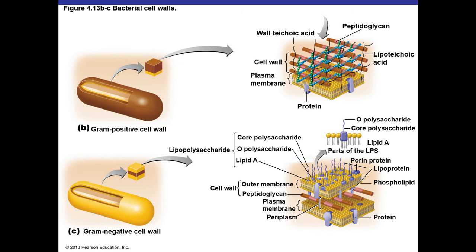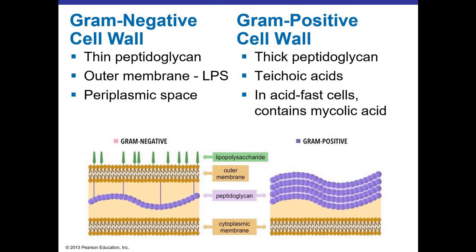It actually is one of the reasons that gram-negative organisms can cause fever. So we see that the gram-negative is more like a sandwich layer of having the cell membrane and the outer LPS as these phospholipid bilayers, and then the peptidoglycan in between.